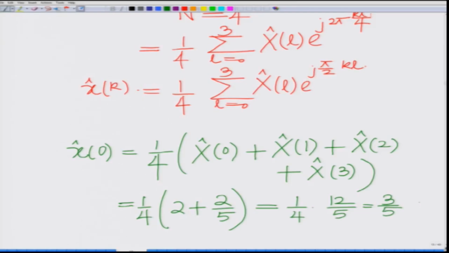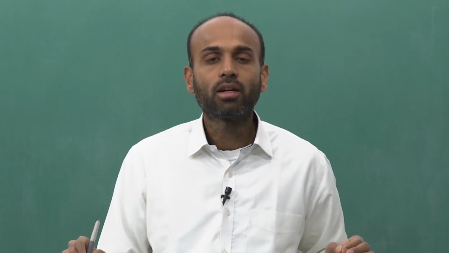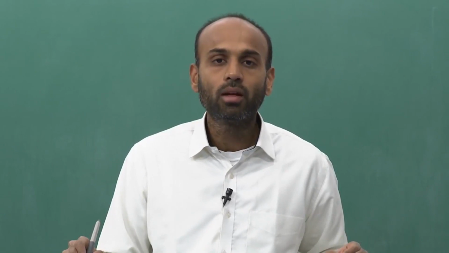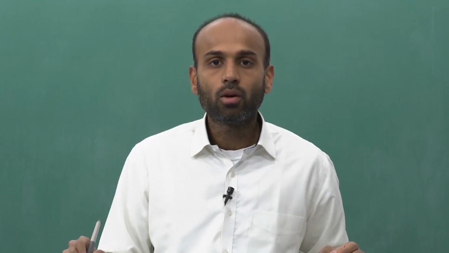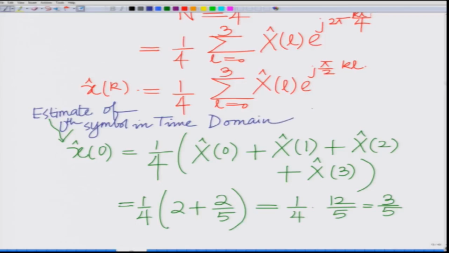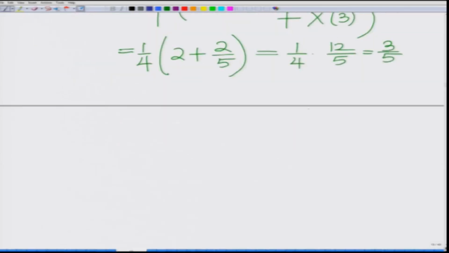That is small x hat 0, which is the estimate of the 0th transmitted symbol in the time domain, and it is basically 3 over 5. That is what we have just calculated. This is the estimate of the 0th symbol in the time domain.